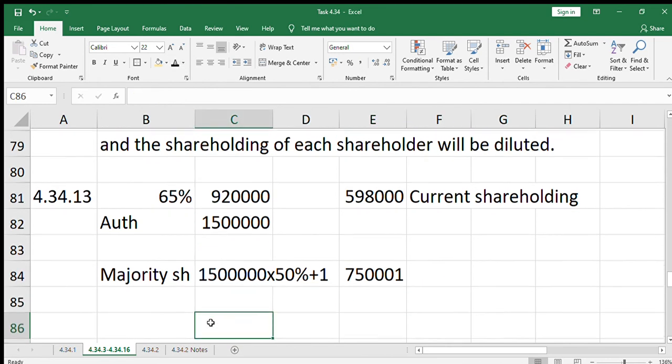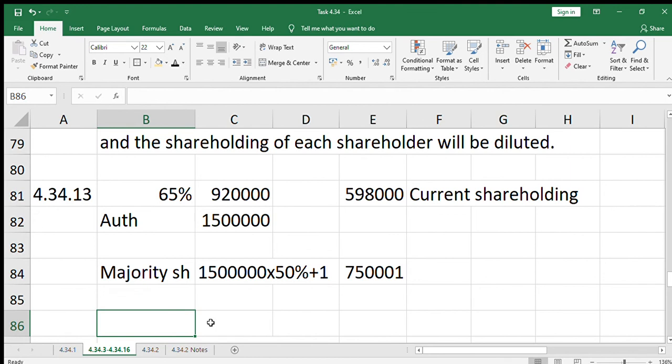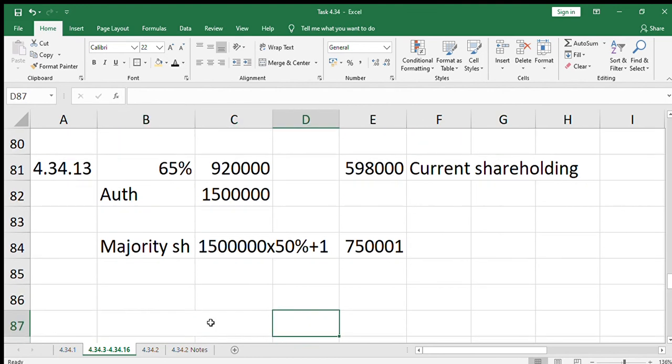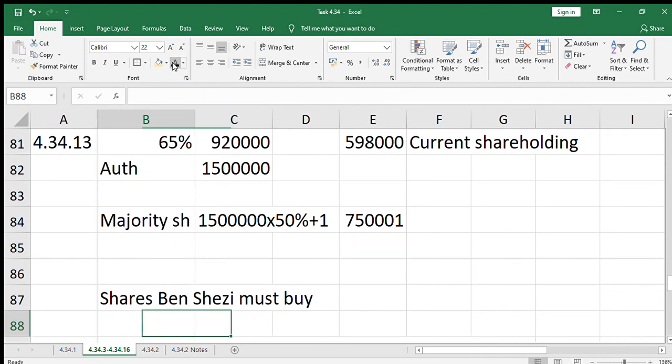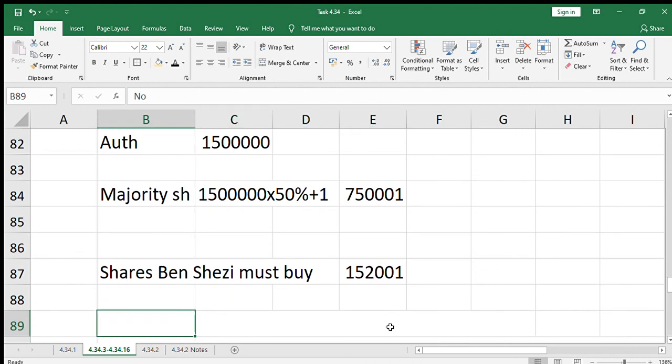So how many more shares will he have to buy if he wants to remain a majority shareholder? It will be 750,001 minus 598,000 shares. You need to buy 152,001 shares in order to remain the majority shareholder.